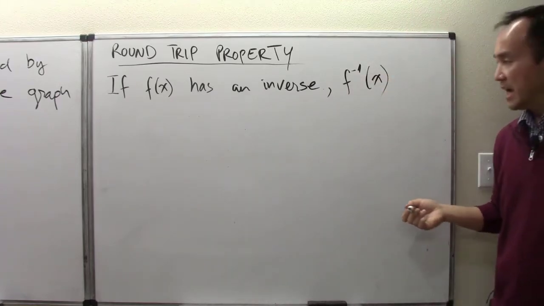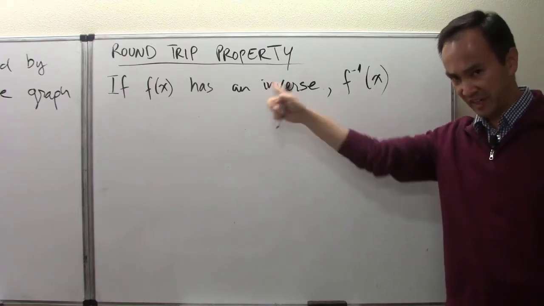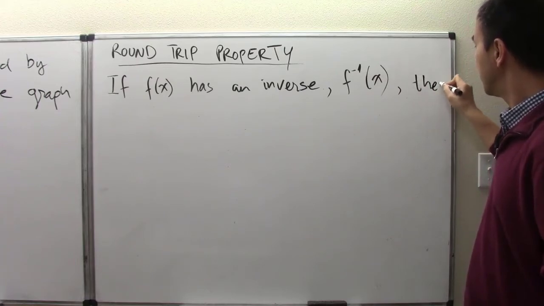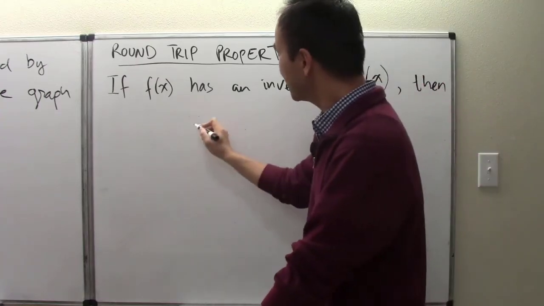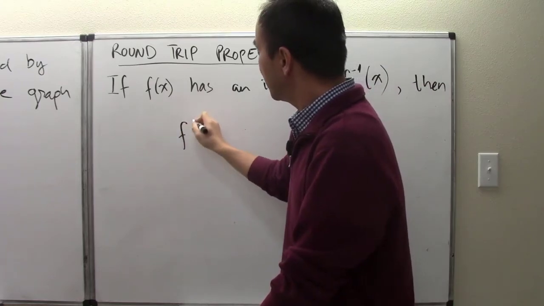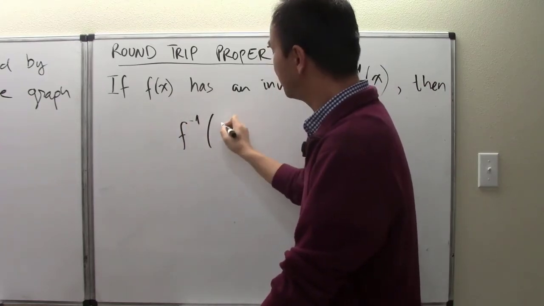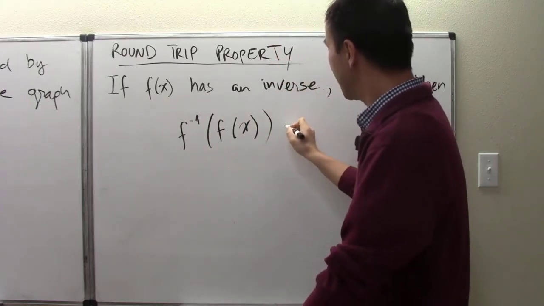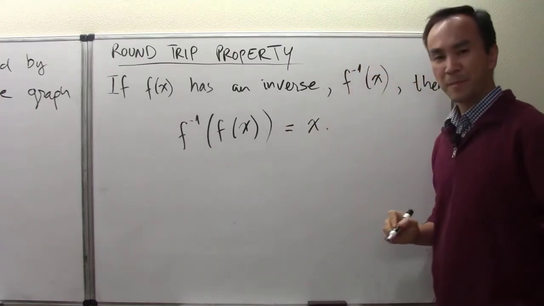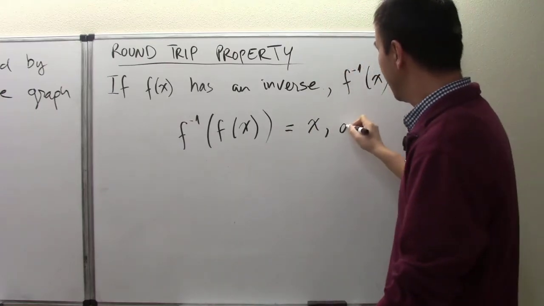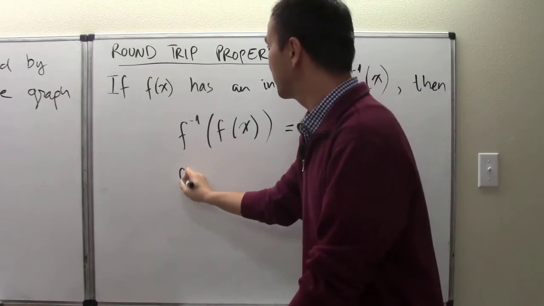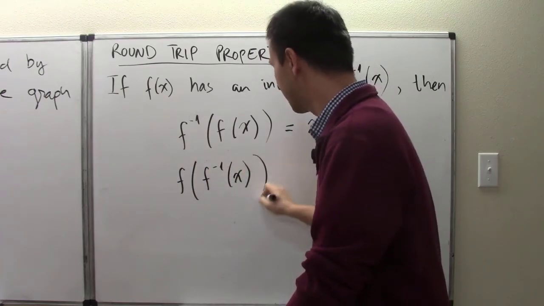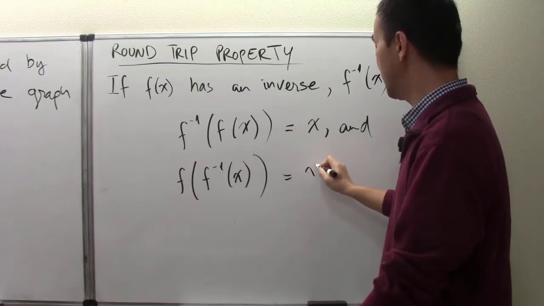So if f of x is some function, any function, as long as it has an inverse, then the following must be true. Taking the inverse operation on f of x, f inverse of f of x must equal x. And the same way, f of f inverse of x must also equal x.